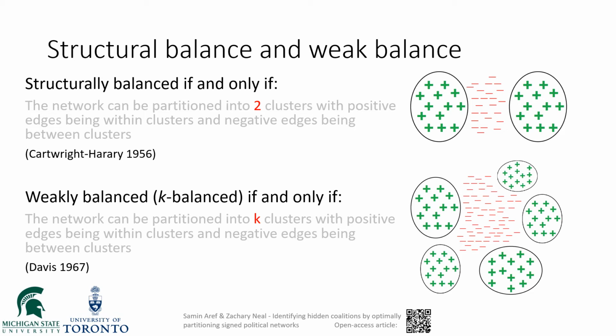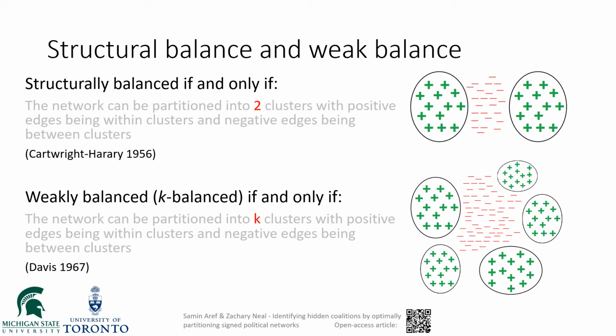What we're going to do with these signed networks of legislators is to partition them based on generalized balance or weak balance into K clusters. K could be 2, 3, or larger values. And then we look at the edges which are inconsistent with those partitions. These inconsistent edges are also called frustrated edges, which are negative edges within clusters or positive edges between clusters.